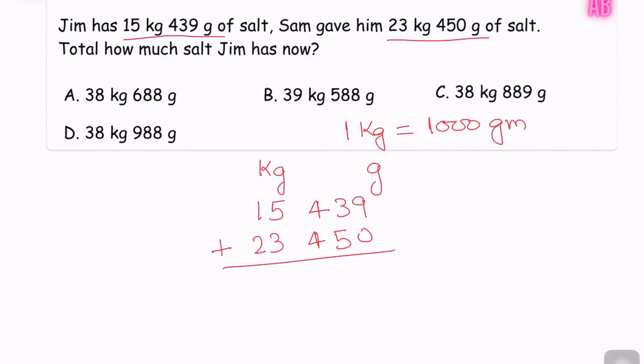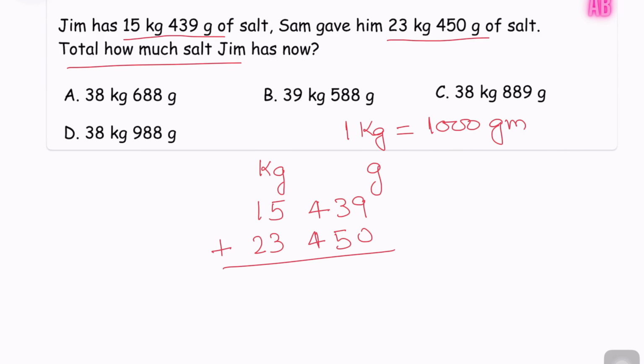So just remember, gram should come below gram, kg should come below kg, and we will write like this, okay? So gram, ones, tens, hundred, thousand. So the moment it is coming, it is thousand, it's already kg, okay? So we will add it because it's asking total how much salt Jim is having.